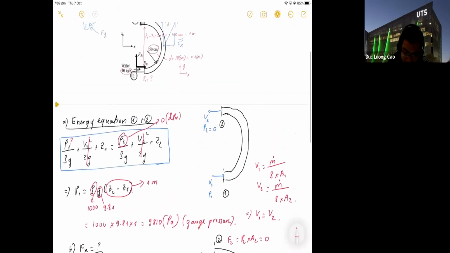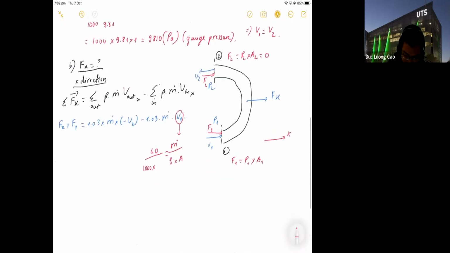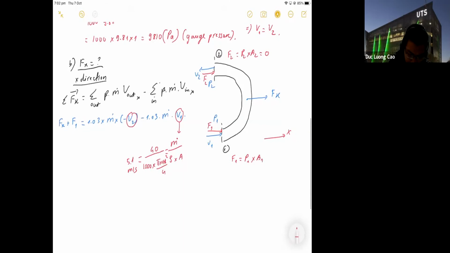The diameter you have here is 0.1 meter. So pi times 0.1 squared over 4. Okay. So this one, velocity V1 you have here is 5.1 meters per second. Similar for V2, V1 equal to V2, 5.1 meters per second.